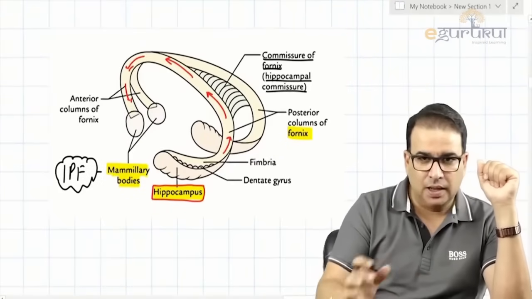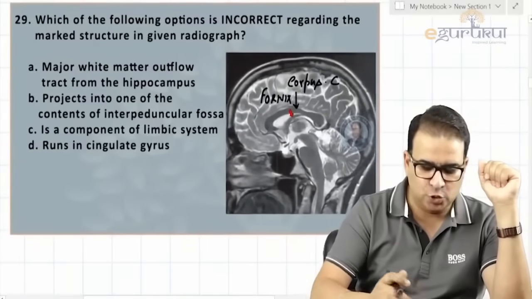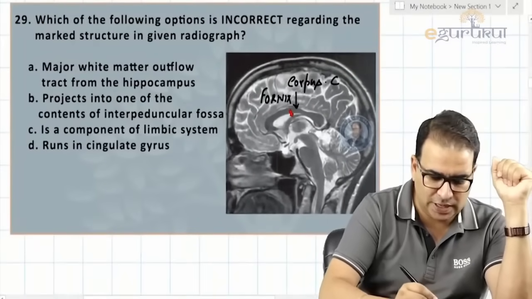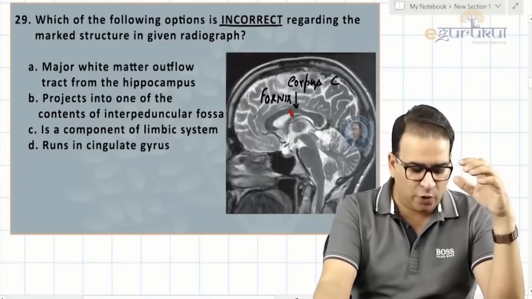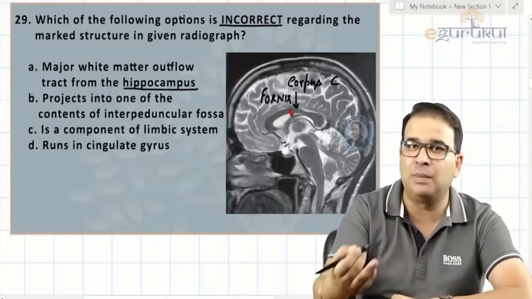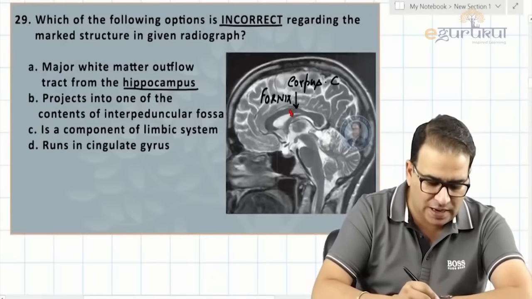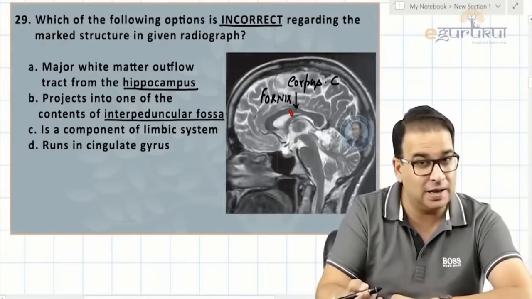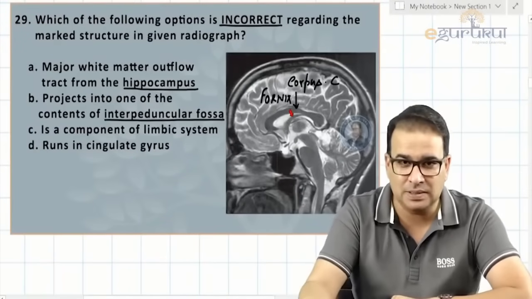Keeping that in mind, let me take you back to the options here. We have to choose the incorrect option, guys. It says major white matter outflow tract from the hippocampus. Yes, correct. We just said they start from the hippocampus and go to the mammillary body. Option B says projects into one of the contents of the interpeduncular fossa. That is again correct. They go downward into the mammillary bodies.